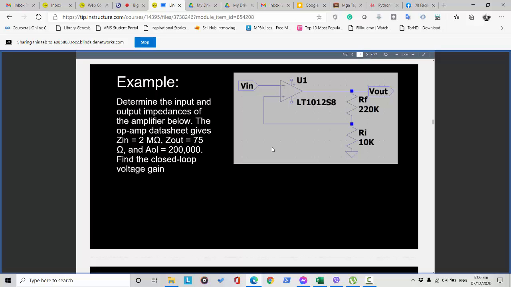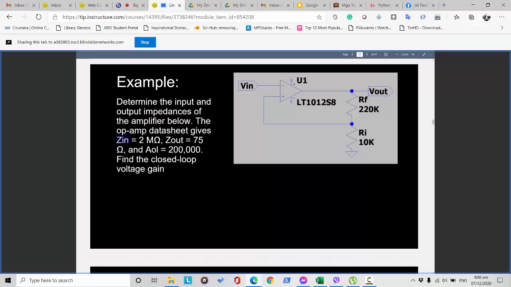Now this is an example of the non-inverting amplifier. We are asked to determine the input and the output impedances of this amplifier. We have an Rf of 220 kilo ohms, and an Ri of 10 kilo ohms. The operational amplifier's datasheet gives an input impedance.